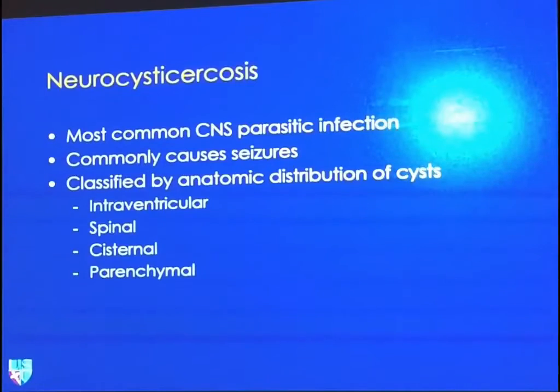In neurocysticercosis, this is going to be the most common parasite that involves the central nervous system. It can cause seizures, and radiologists, we love to classify things. So we classify this based on the anatomic distribution of the cyst. So our 4 types are intraventricular, spinal, cisternal, and parenchymal.